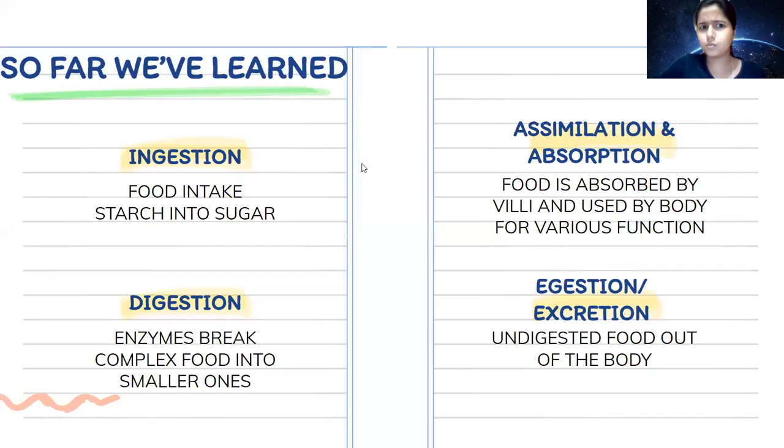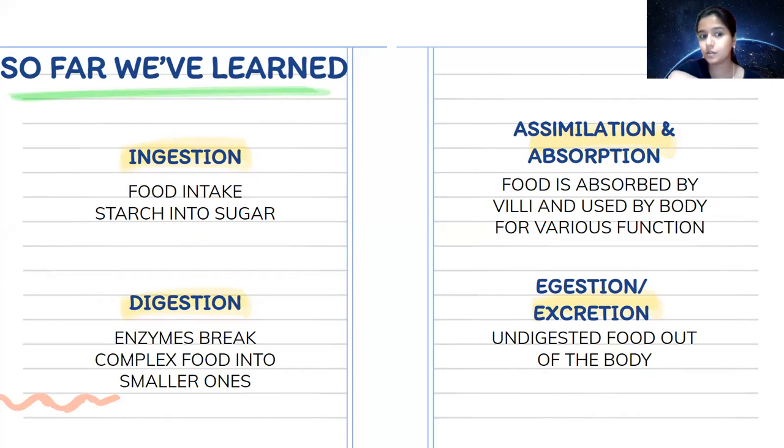So let's discuss what we have learned so far. We know the process of ingestion, and we know digestion, assimilation, absorption, and excretion. So I'll just throw some light on these few topics. Ingestion is basically the intake of food. It starts from the buccal cavity. We take the food, starch basically, and it is then broken down into sugar.